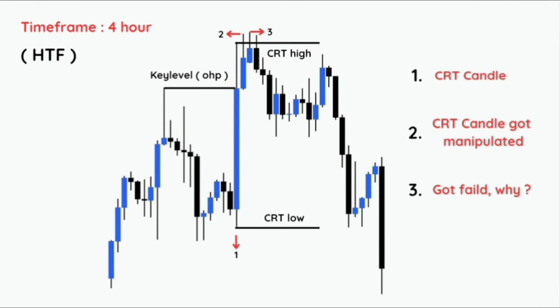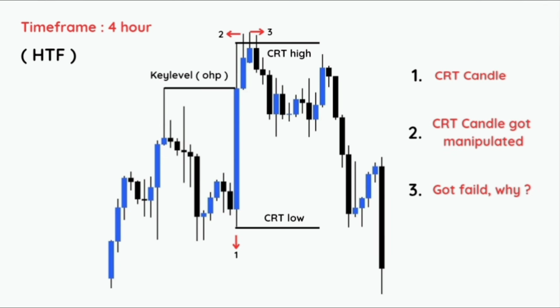Let's start. At first, the image which was in front of you was a higher time frame chart, which means HTF. It was a 4-hour chart where we are gonna choose our CRT candle and our clean key level.